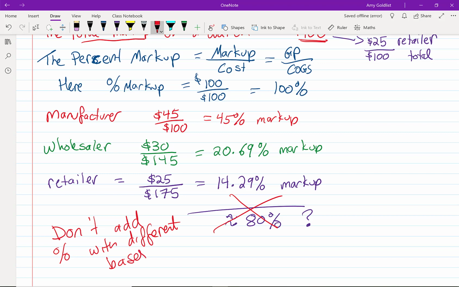And that's because those bases were different. The denominators of those fractions were different, and that's what's giving us a problem. The total markup, as we know, is 100%, even if those numbers don't add that way. And that was because $100 profit over $100 cost equals 100%.